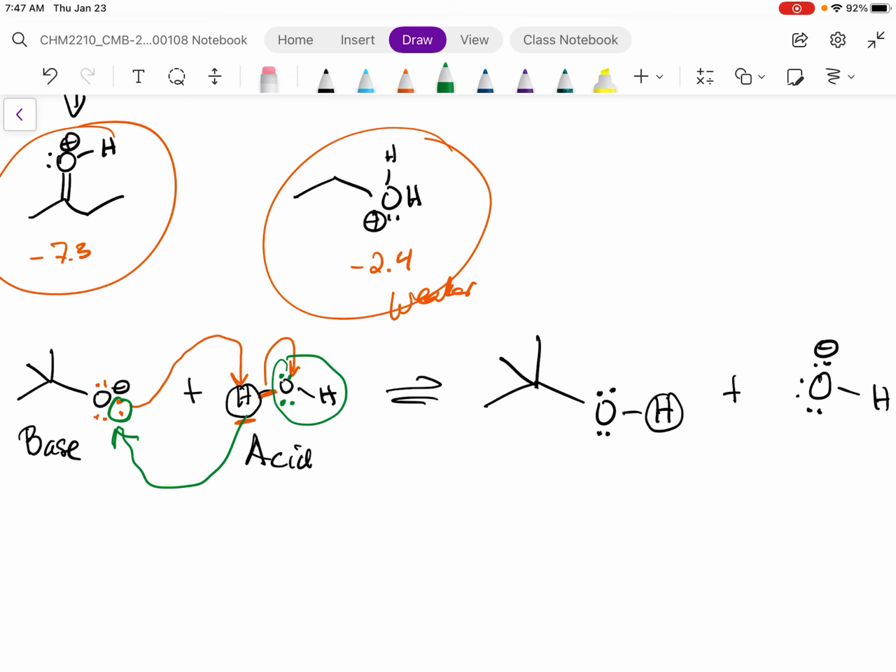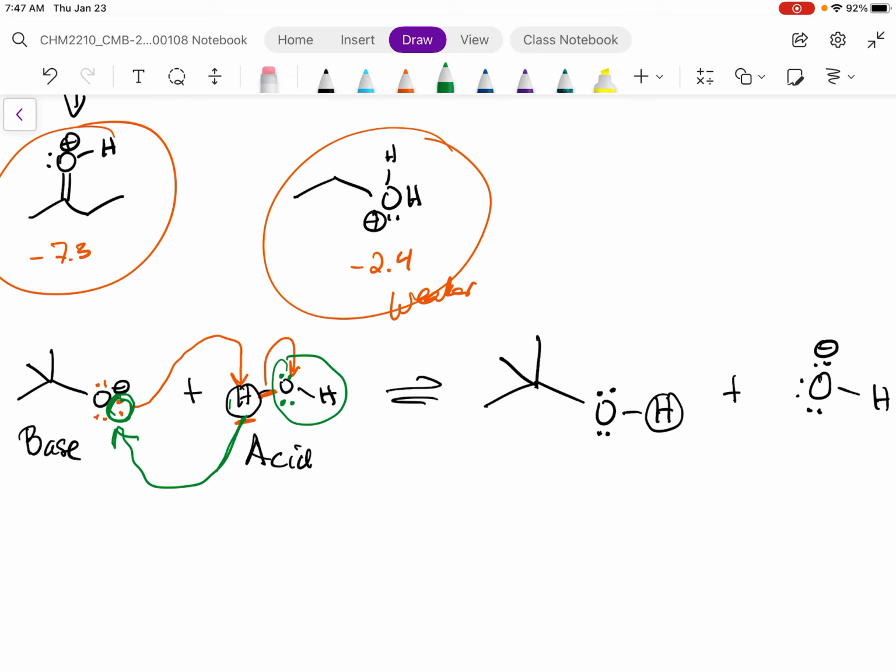That is not a mechanism arrow. That doesn't happen. Because let's think about it. I just said these mechanism arrows show the flow of electrons. Do you see that this right here, the start of my arrow starts where there's electrons. But in this green arrow, where's the electrons around this hydrogen? Where's the lone pairs? There's nothing.